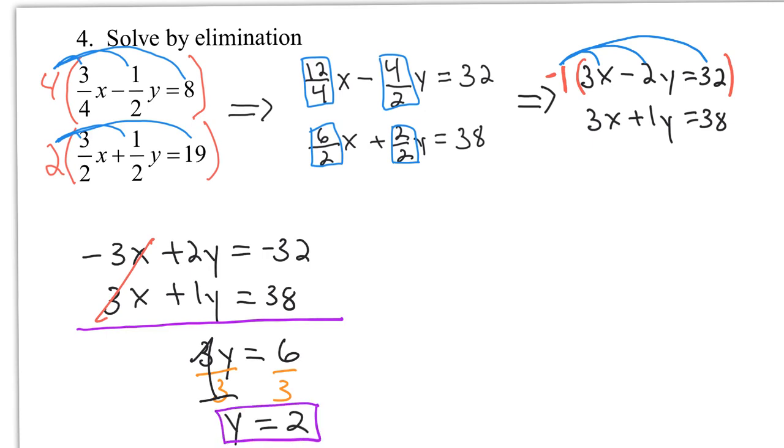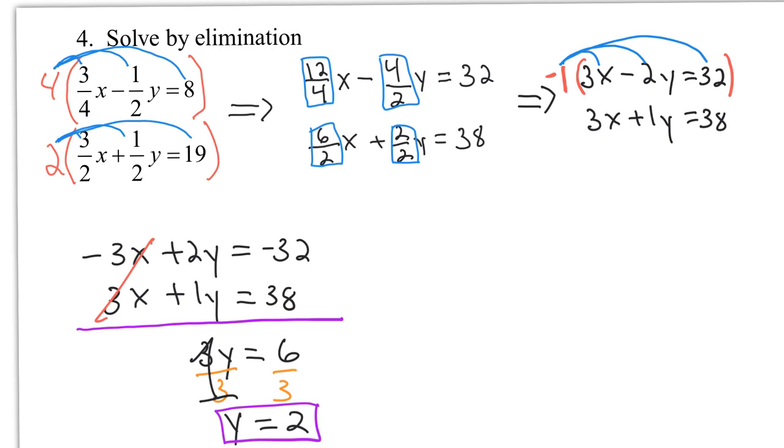Now you go back, and since we have fractions in the original system, I don't want to use these fractions. So you can go back to this system right here. No fractions. It's going to give you the same answer. Choose one equation, substitute the 2, and solve for x.